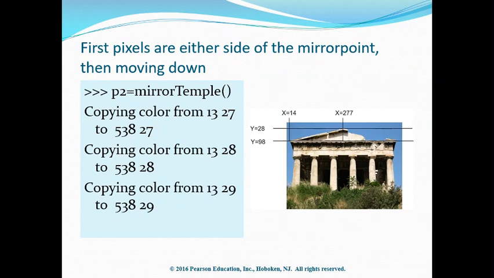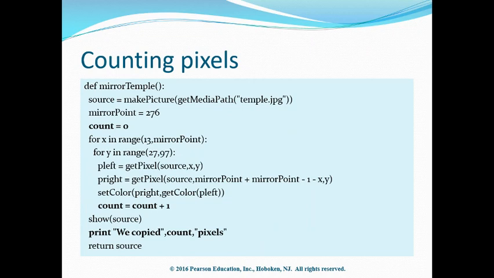If you're getting an exception, perhaps we can even see why we're getting the exception by printing some information like that. So we can see that by adding our print statement, it'll print out copying color 1327, right, to 553827, and then so on and so forth. We could see it incrementing and decrementing, so we know that it's actually copying from this pixel location to this pixel location.